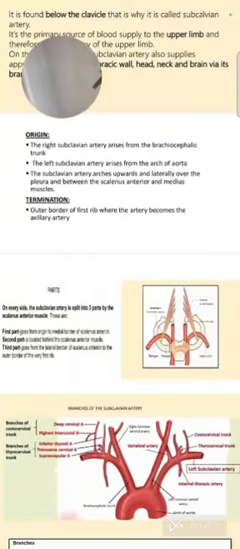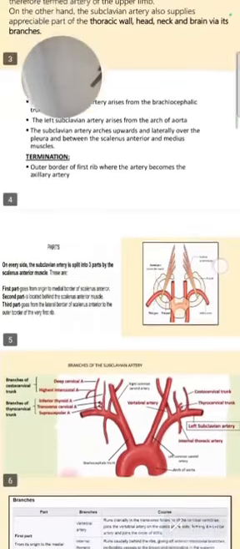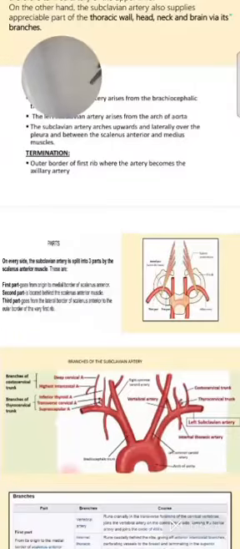So the parts of subclavian artery. The subclavian artery is divided into three parts. On every side, the subclavian artery is divided by the scalenus anterior muscle. So the first part, second part, and the third part.